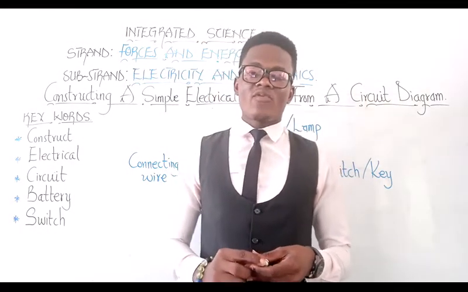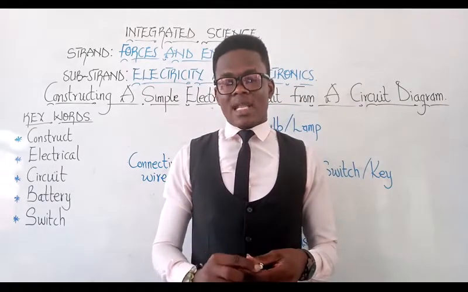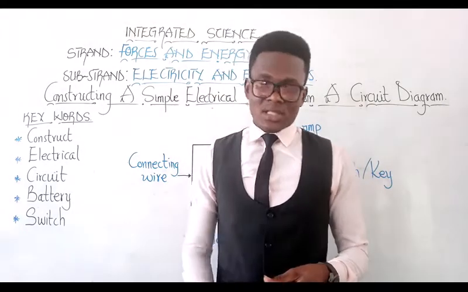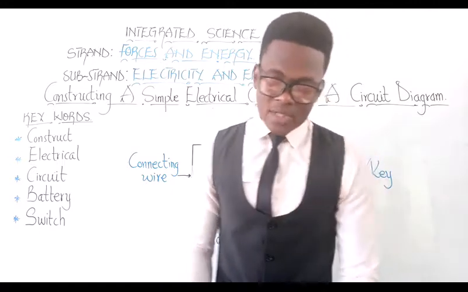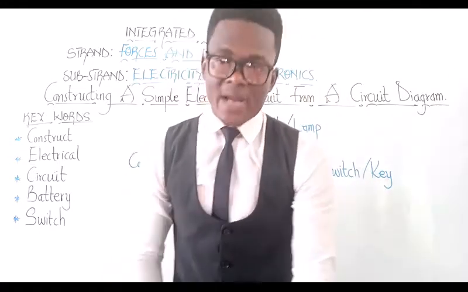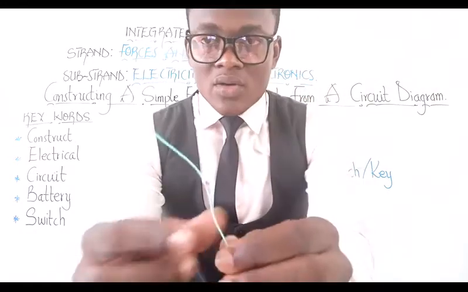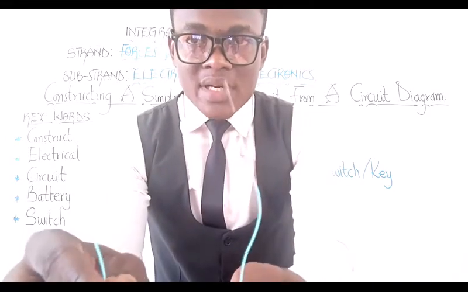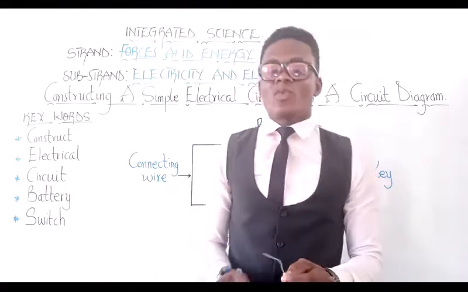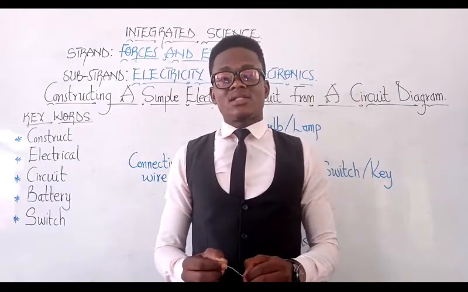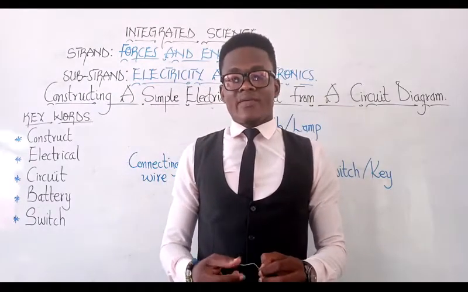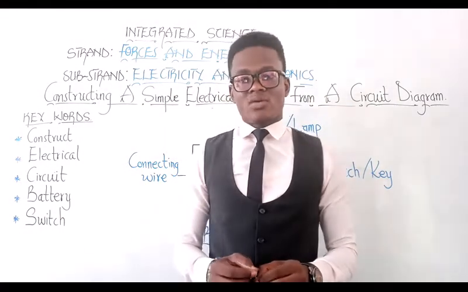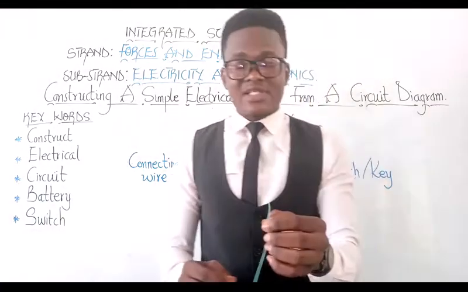Now let's quickly move on to one of the last components, the connecting wire. As you can see over here, the connecting wire carries the electrical current through the various components, and it is usually covered with an insulator.